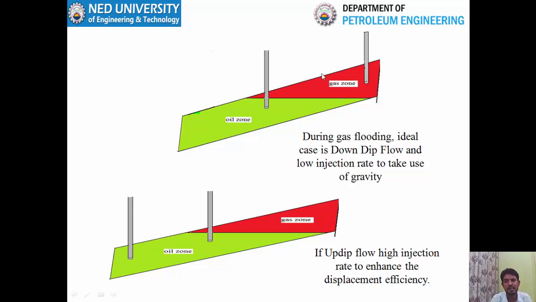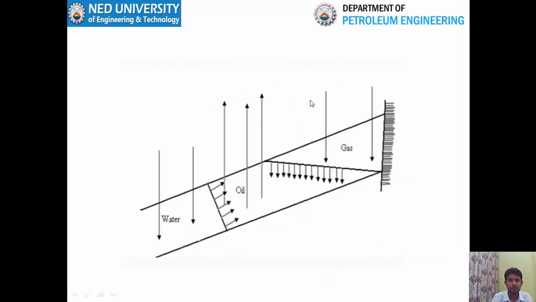But obviously the ideal condition is that you have the down dip flow for the gas flooding and up dip flow for the water flooding, because in that case the gravity will support your oil production and you will have the later breakthrough of your injected fluid. So this is basically the ideal condition.